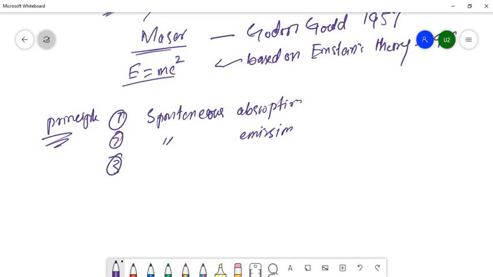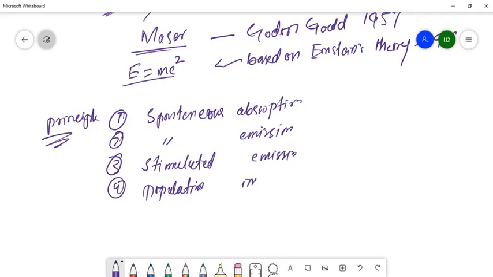Number three, stimulated emission. And number four is population inversion.